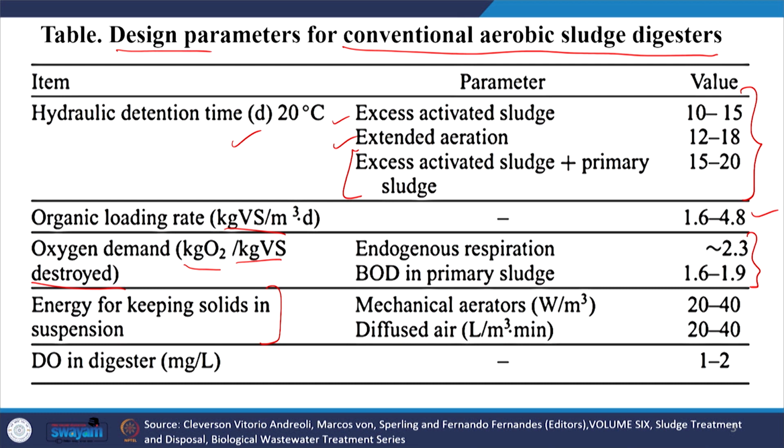If we are using mechanical aerators, we have to use 20 to 40 watt per meter cube of power. If diffused aeration is used, we have to use 20 to 40 liters per meter cube per minute, and only then will we be able to keep the solids in suspension. We also have to see that the dissolved oxygen in the digester is always in the range of 1 to 2 or more. This is the minimum DO required in the digester.